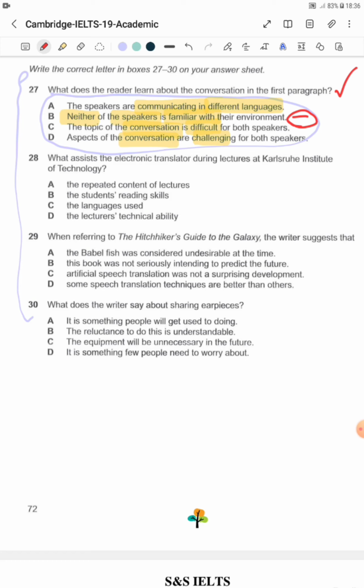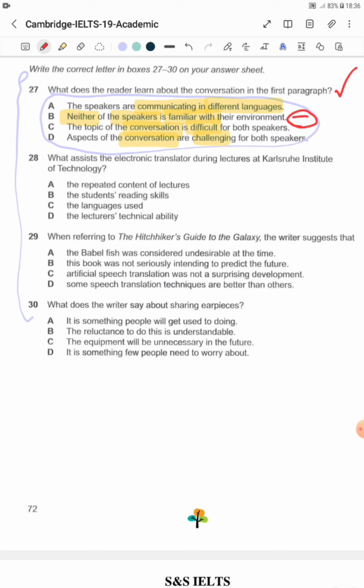So now, what we're looking for, now I'm checking the text, but what I'm looking for in the options is to do what? So let's check. It says, what does the reader learn about the conversation? So we're looking for what the reader learns about the conversation in the first paragraph.